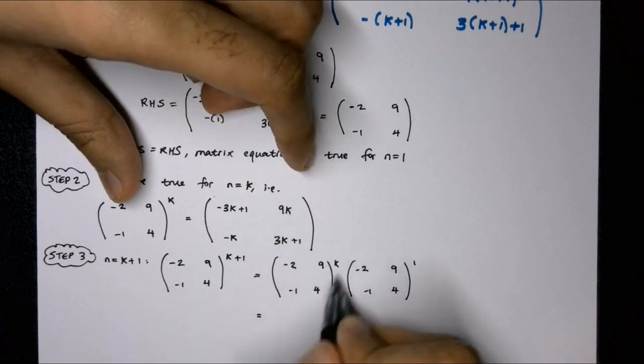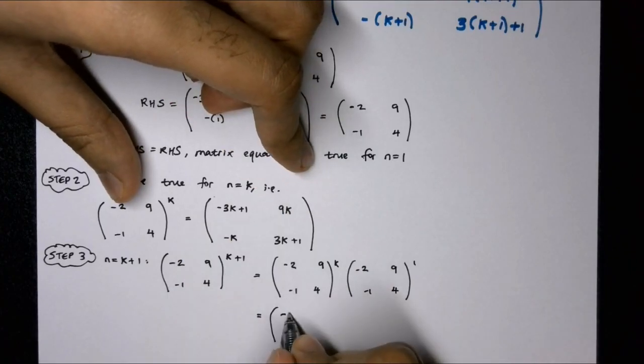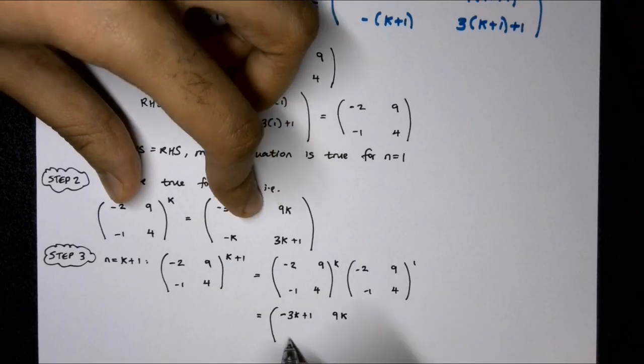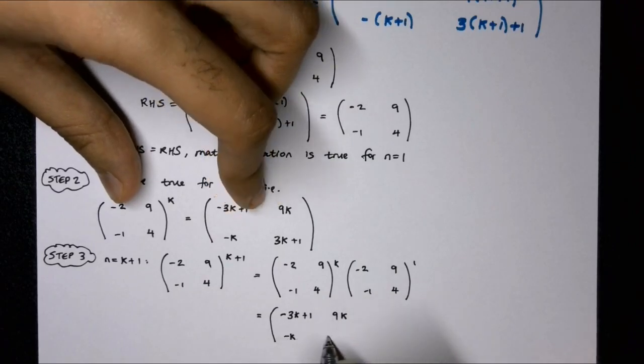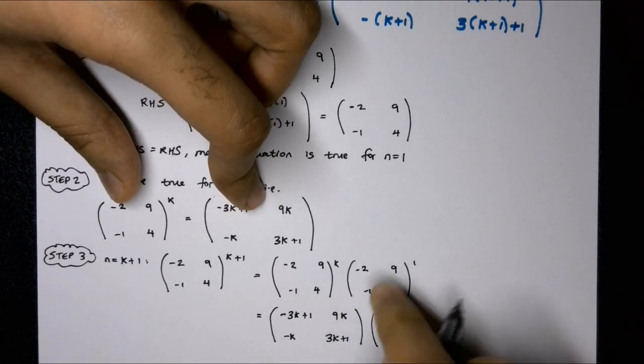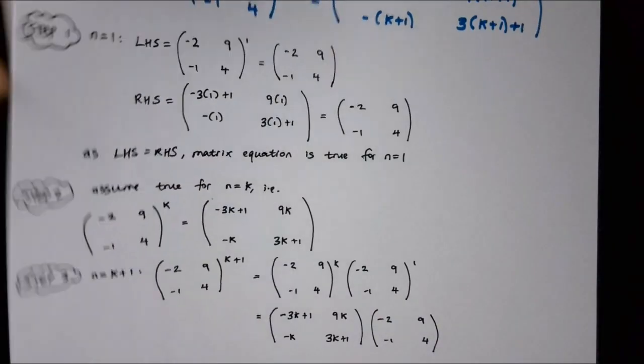Well, first of all, this result here, using our assumption step, we have [-3k+1, 9k; -k, 3k+1]. And we multiply this by [-2, 9; -1, 4]. So now we need to simplify all of this.